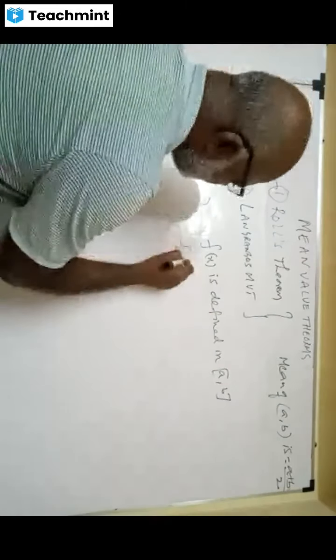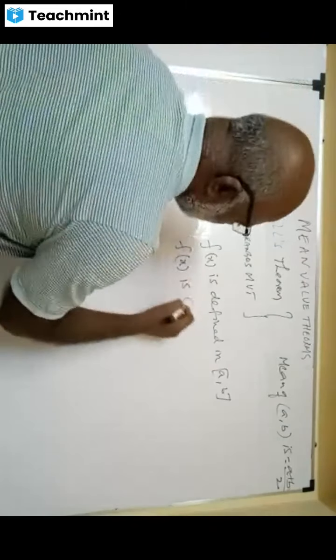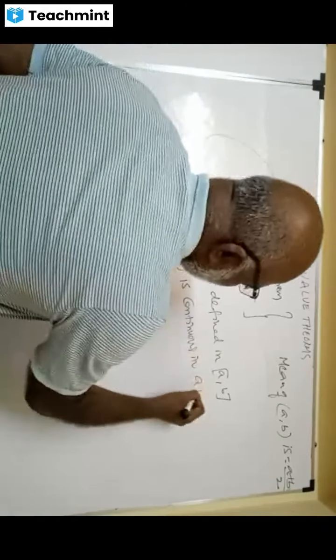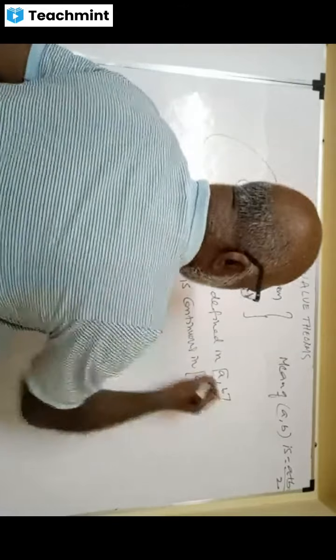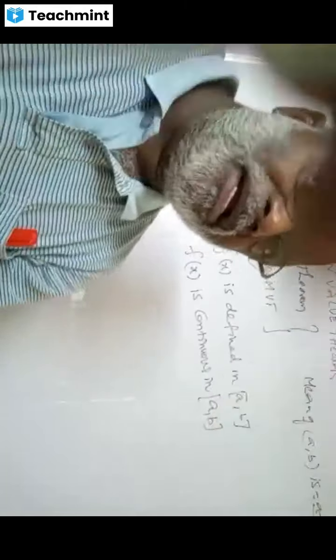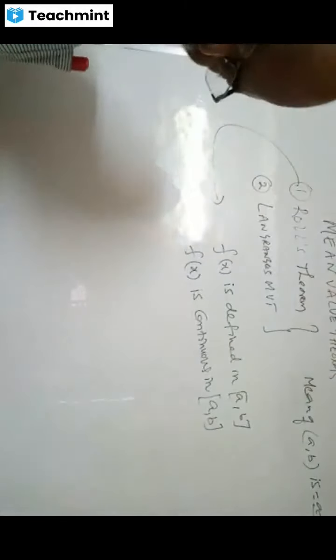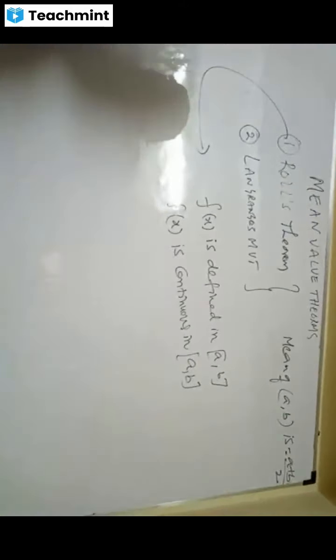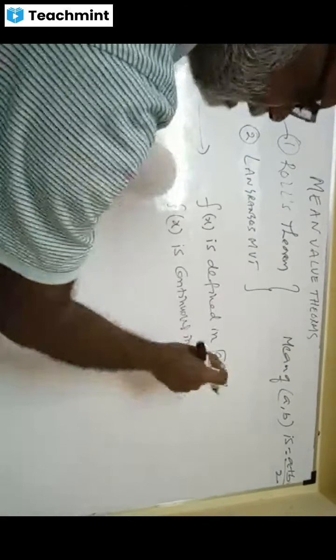Next, the function is continuous, fifth chapter, in interval AB. All of us know that all polynomial functions are continuous, right? F of x must be continuous in AB.